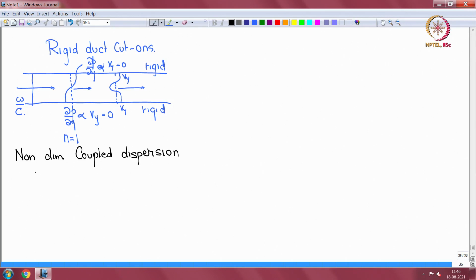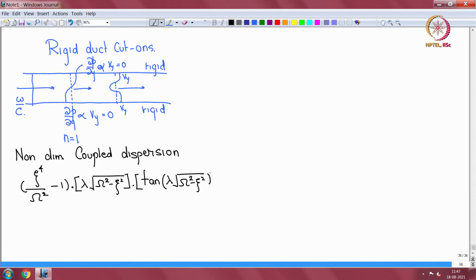It is given by xi to the power 4 by omega square minus 1, into lambda square root of omega square minus xi square, into tan of lambda square root of omega square minus xi square, plus epsilon equal to 0. So we have to solve this.